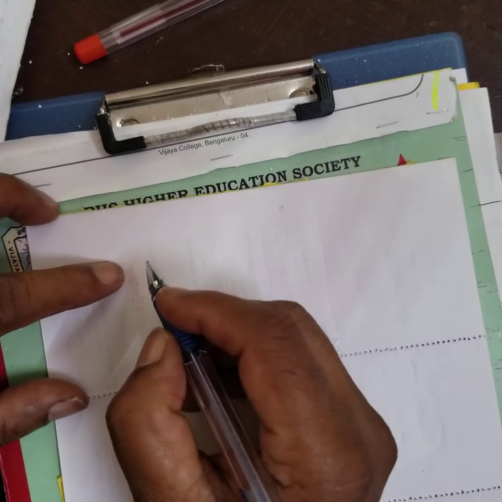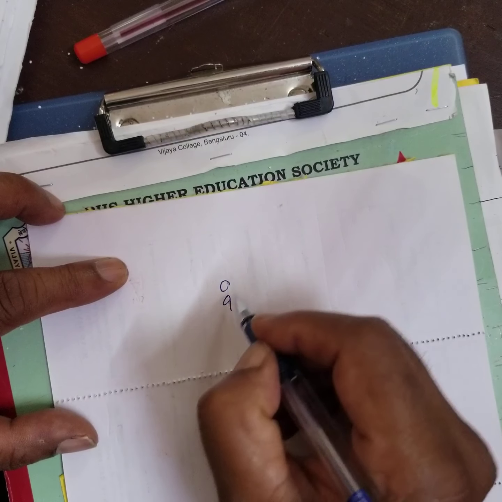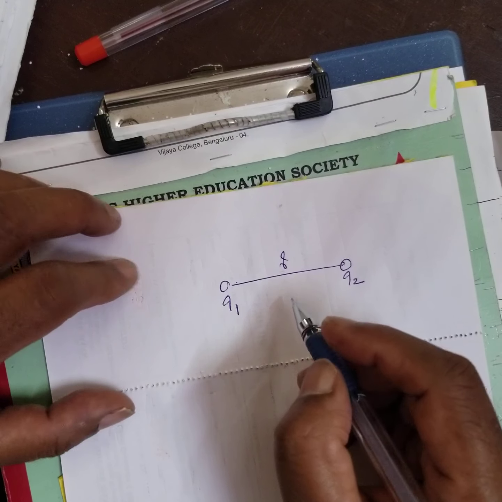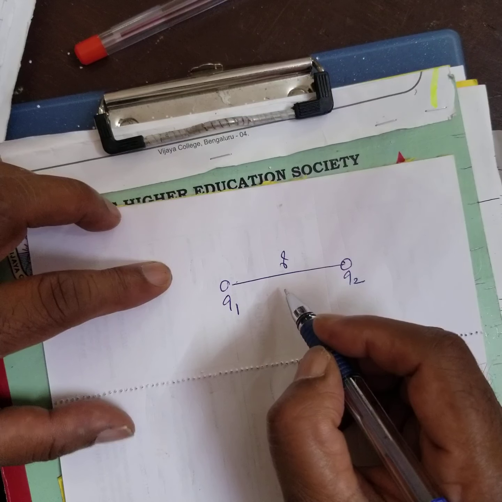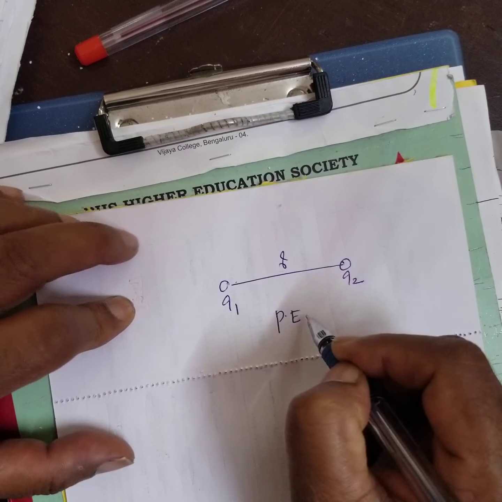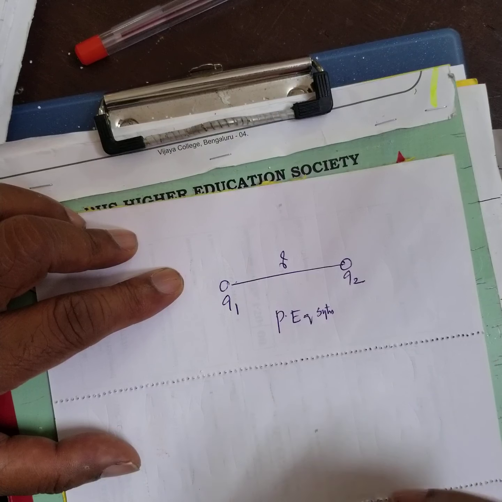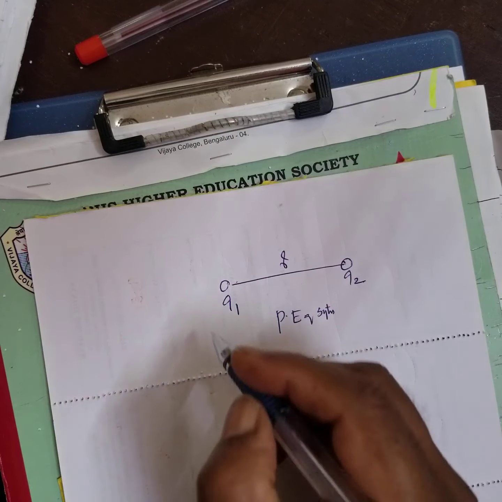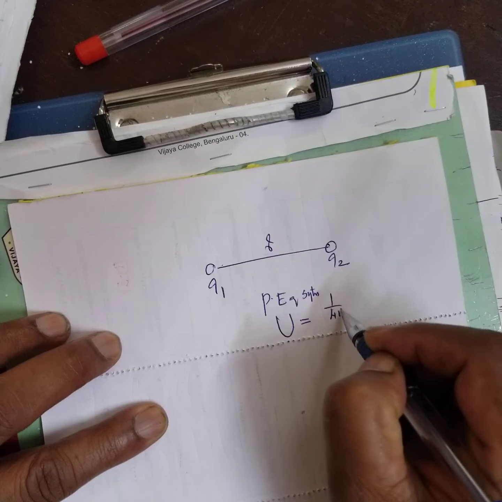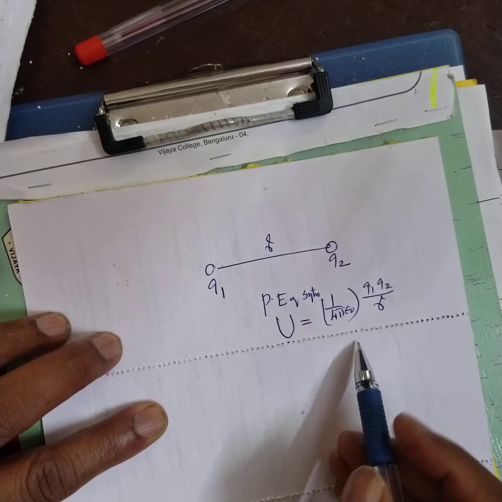So they may ask you, obtain an expression for, say, suppose a charge Q1 is kept here, another charge Q2 is kept at a distance of R. Then what is the potential energy of the system? The potential energy of the system is equal to 1 by 4 pi epsilon naught Q1 Q2 by R, not R square.